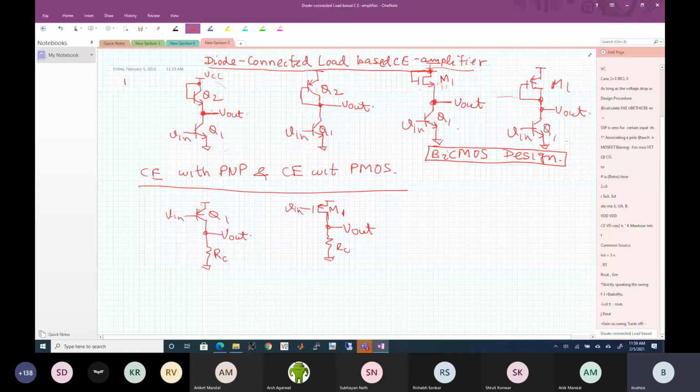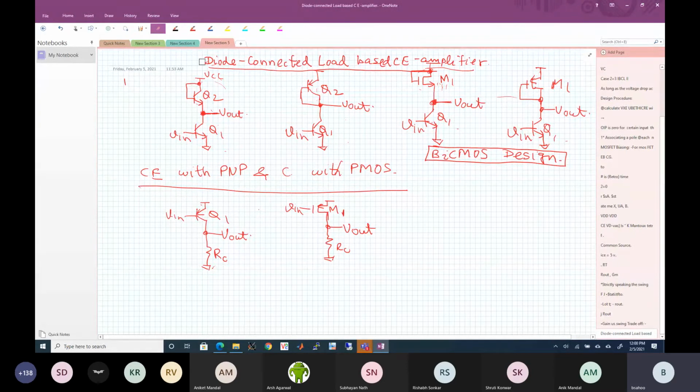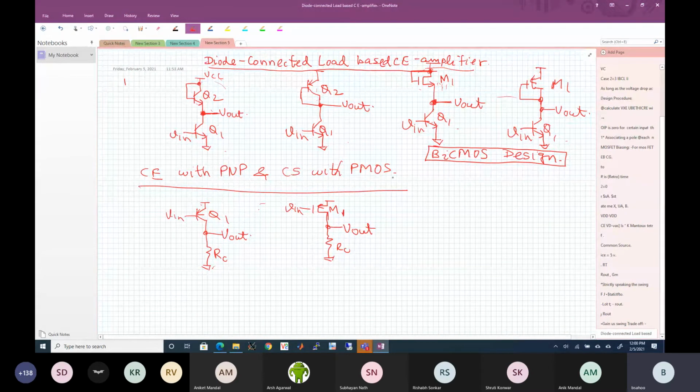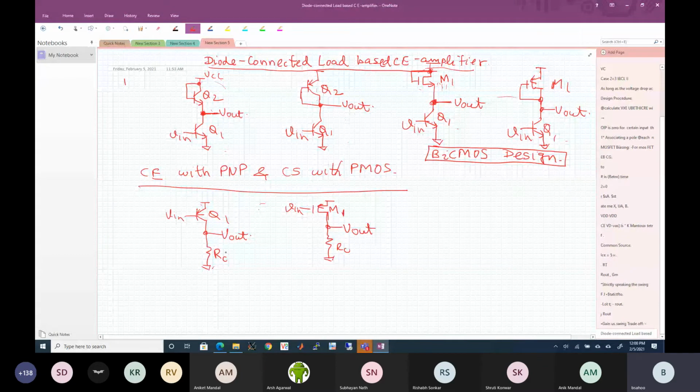So a common emitter amplifier with PNP and common emitter amplifier with PMOS. This is the circuit diagram. And if I want to do common emitter amplifier with PNP and common source here, this should be source. Common source with PMOS with diode connected load, you just replace this RC with the diode connected loads.